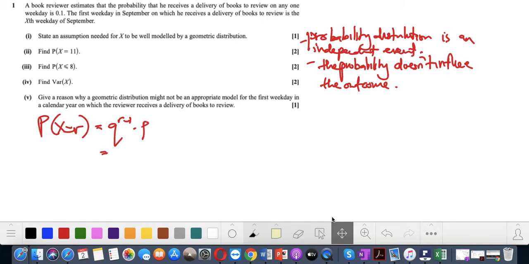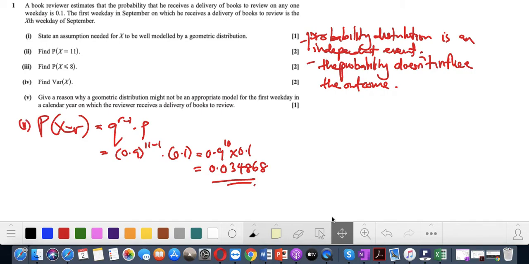Q, not to review, is 0.9, and p, to review, is 0.1. Since X equals 11, it is 11 minus 1, multiplied by p. So you get 0.9 to the power of 10 times 0.1, and your answer is 0.034868. That's part 2.